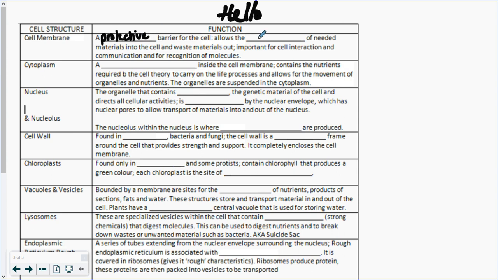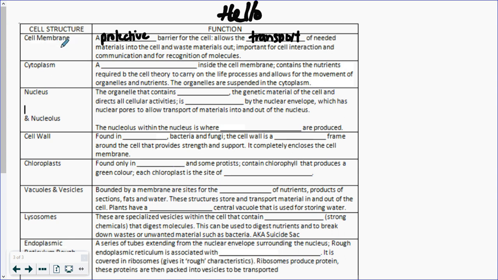It allows the transport of needed materials into the cell and waste materials out. It's important for cell interactions and communication and for recognition of molecules. So the cell membrane, it's the outside of the cell, but it has lots of different functions in terms of cell-to-cell communication and how things like tissues and organs work.